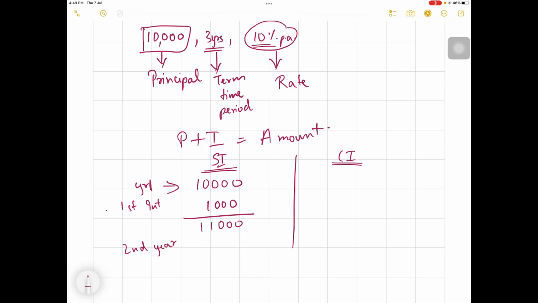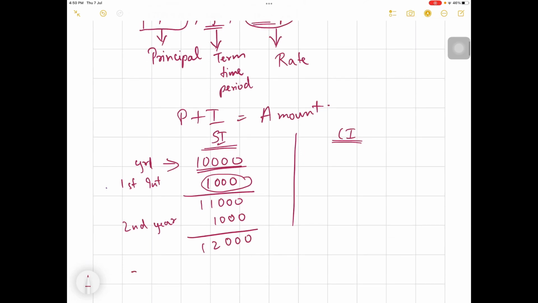Second year, my interest amount would be the same, 1,000 only. The principal amount is 10,000, and 10,000 into 10% is 1,000. Now this has become 12,000.